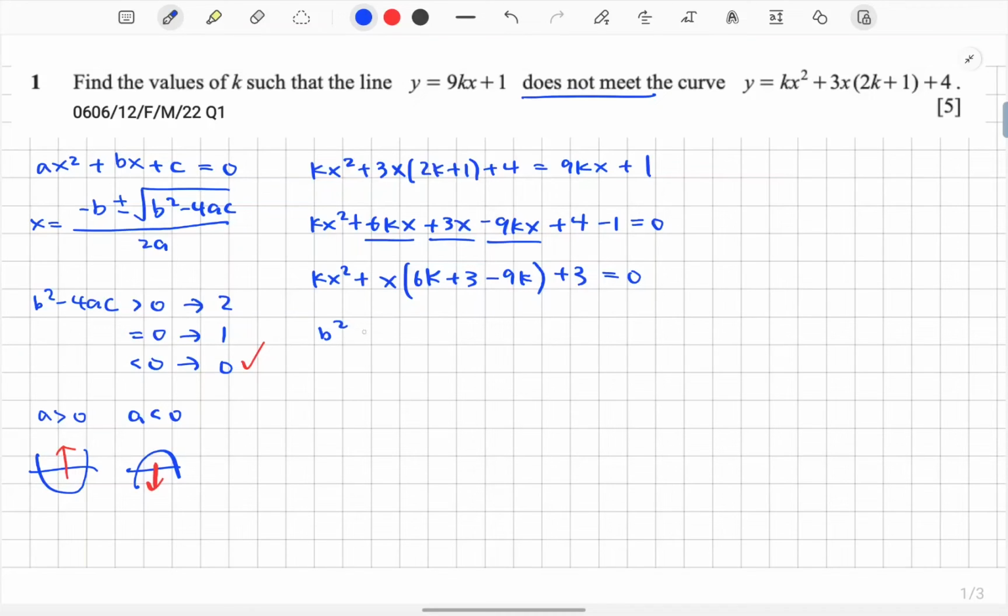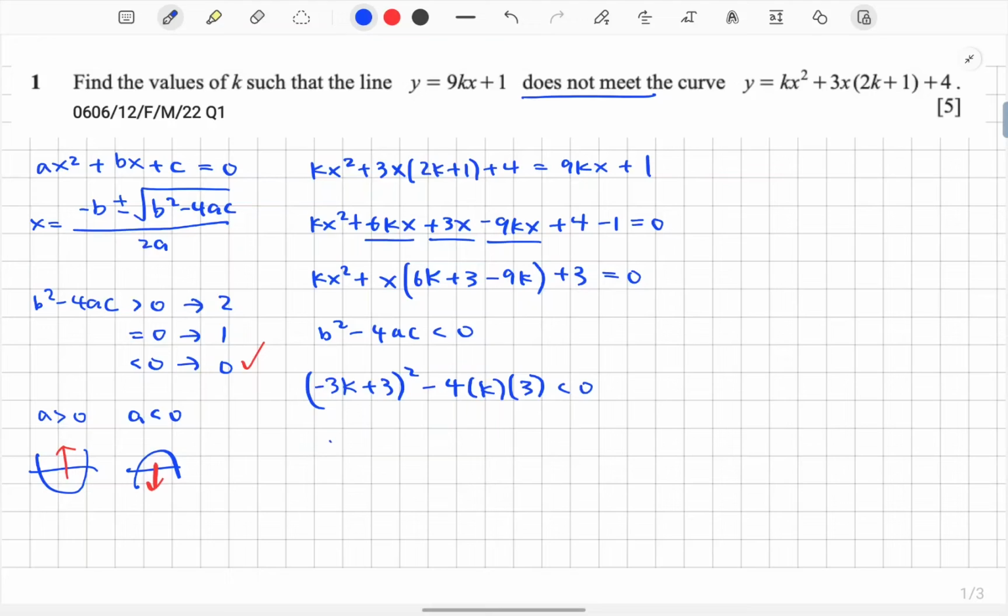Now we can apply b squared minus 4ac is less than 0. Our simplified b is negative 3k plus 3, and we'll square it. Then minus the a, which is k, and the c, which is 3.